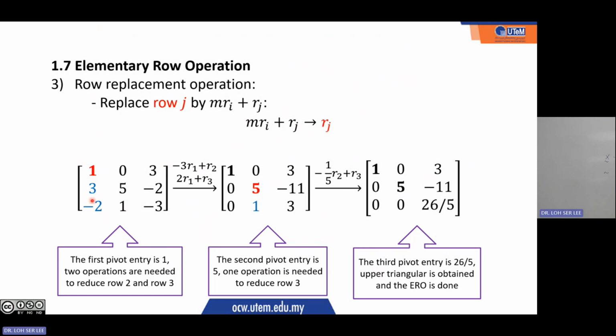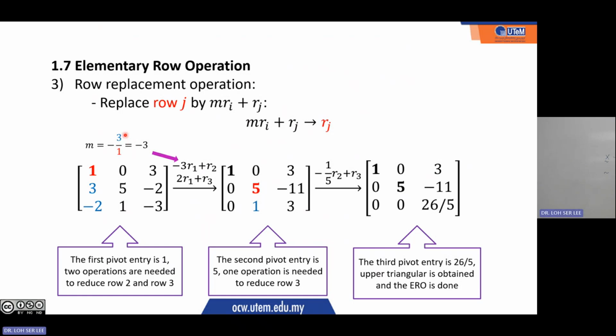Okay, now we look at this. We want to make use of this pivot to change this one into 0. So how to get an M? There is one formula to get an M. M equals a negative fraction. The pivot value, you put at the bottom. The value that you want to change into 0, you put at the top.